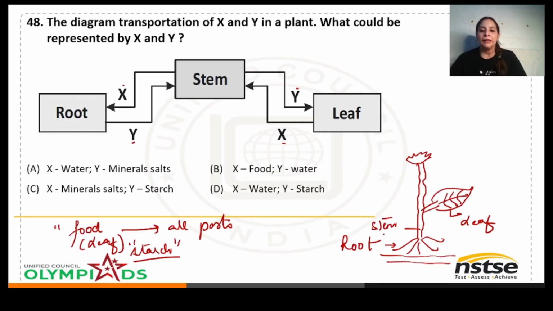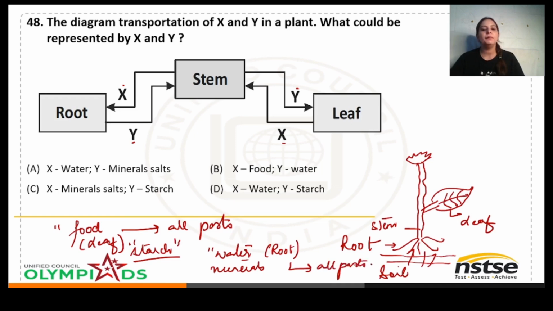Now water absorption. Water and minerals are taken up through the roots from the soil. So we can write here that water along with minerals are transported from the root to all the parts of the plant, whether it is stem or leaf. Now let's look at the figure.